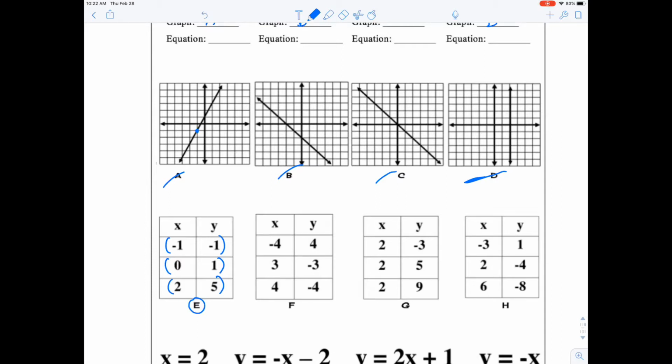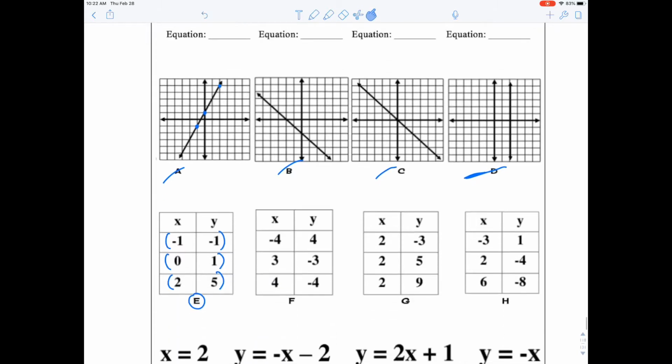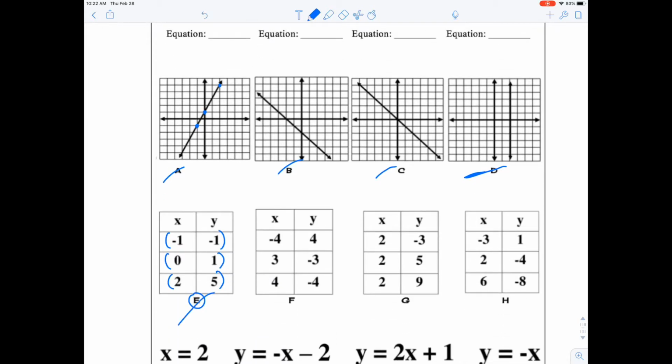Do I have the point 0, 1? So 0, go up 1. Hey, there we go. Let's check the last one just to be safe. 2, 5, so find 2 on the x-axis and then go up 5. There we go. So it looks like table E is going to match with graph A. So I would write that there. Okay, we got table E taken care of.